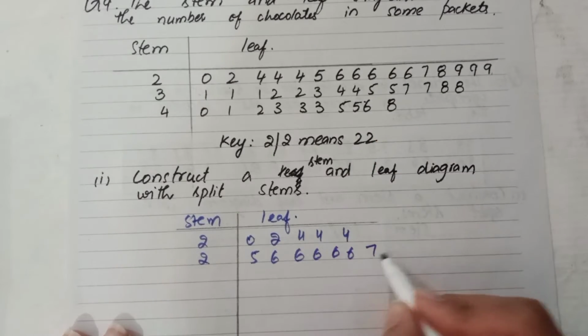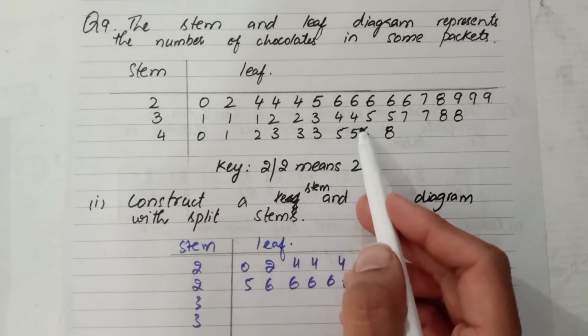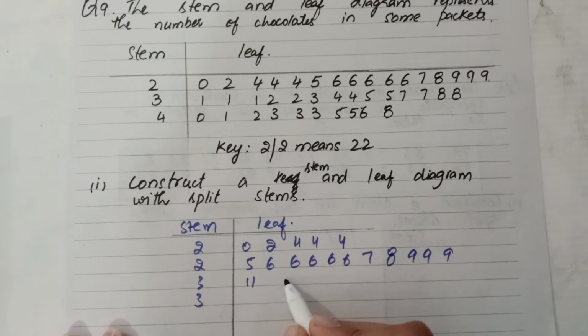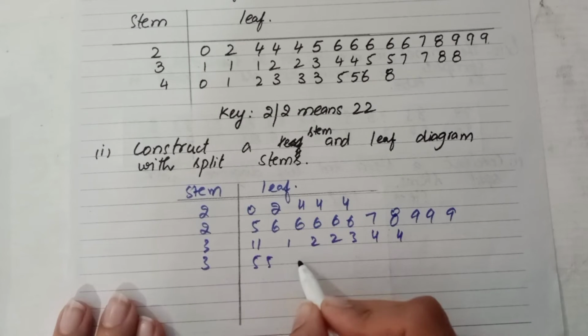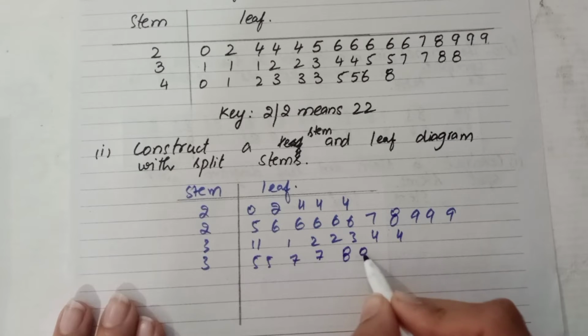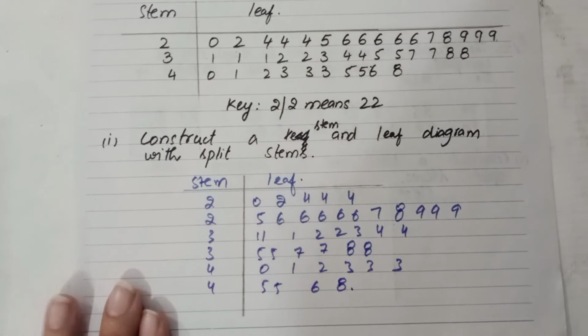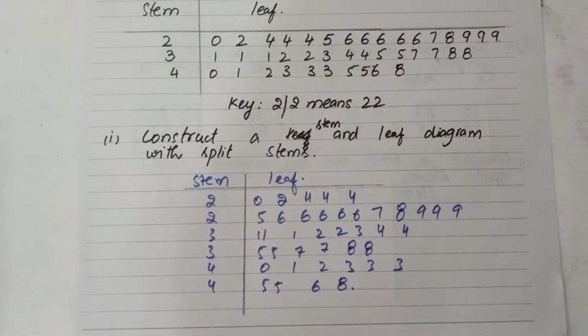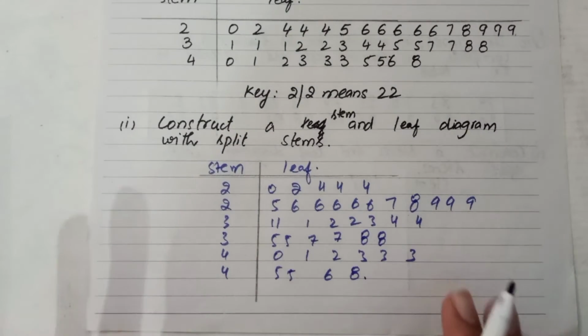For stem 3, from 0 to 4 we write first 1 1 1 2 2 3 4 4, and from 5 to 9 we write 5 5 6 8. Now students, we can split this stem and leaf diagram from 0 to 4 and then from 5 to 9, and that is the split stem and leaf diagram.